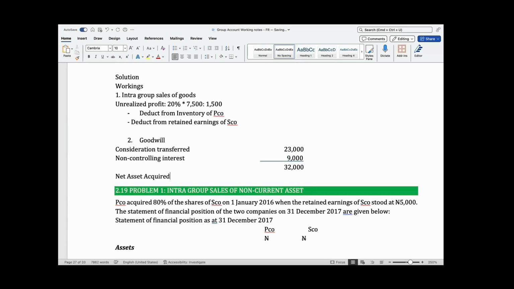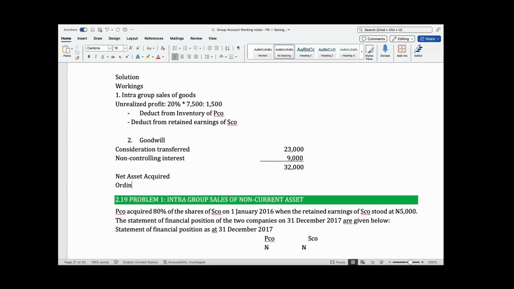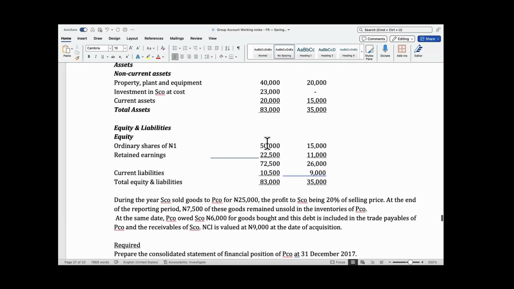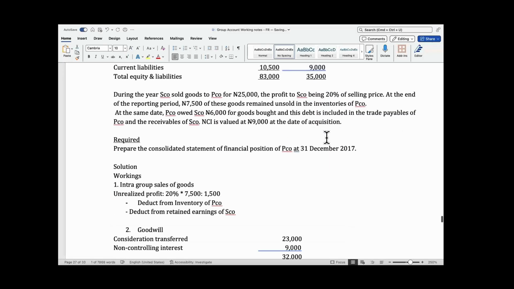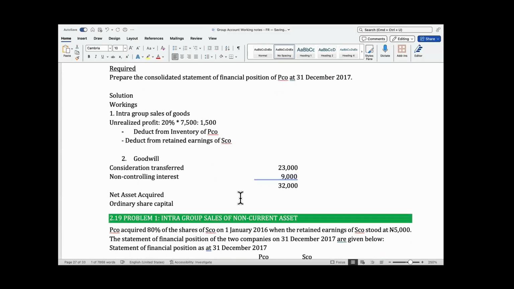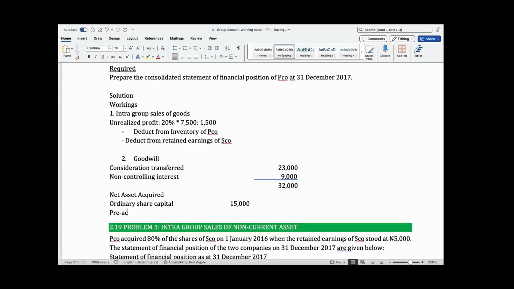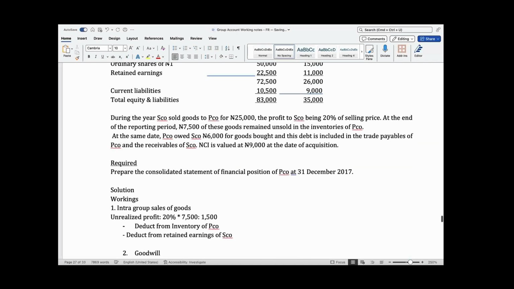Then net asset acquired. What's my ordinary share capital? 15,000. What's the pre-acquisition retained earnings? 5,000.